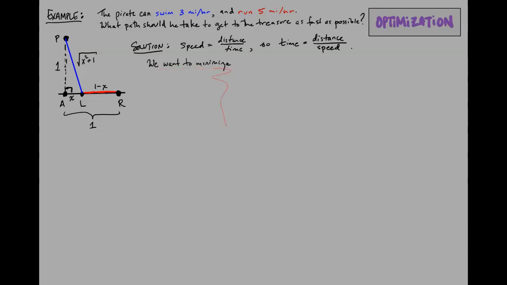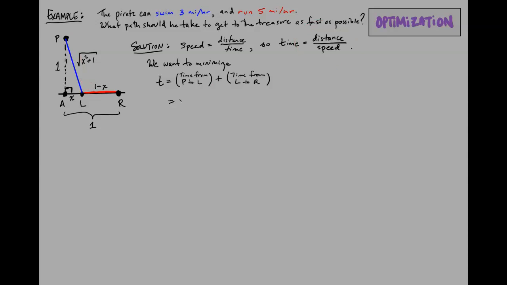We want to minimize t, which will represent the total time it takes, which we can get by finding the time from P to L and adding on the time it takes for him to run from L to R. And now we should be able to write down expressions for each of those. The time from P to L along the blue path, well, that's distance over speed.